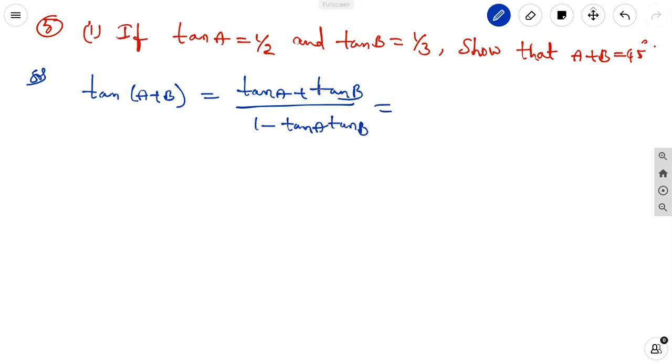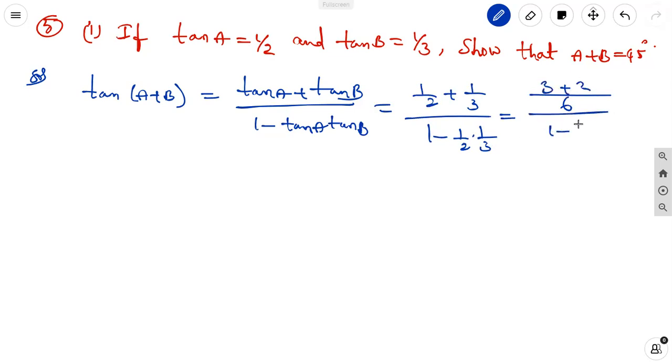Now we can apply the values of tan A, that is 1 by 2, and tan B, 1 by 3, by 1 minus 1 by 2 into 1 by 3. Taking the LCM in the numerator, 3 2s are 6, 3 plus 2 by 1 minus 1 by 6. So it is equal to 5 by 6 by 6 minus 1 by 6. 6, 6 cancel.